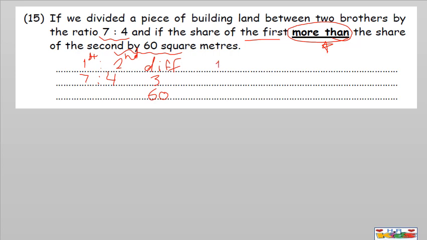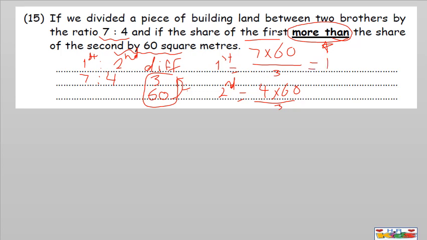Let's get the answer: the first equals what and the second equals what. Don't forget that between these two numbers we divide. Those are the ones we do the multiplication and division with. That's 60 divided by 3 equals 20. Someone could take the 20 and multiply it, so 20 by 7 then 20 by 4. Or we can use the same steps, 7 by 60 divided by 3 and 4 by 60 divided by 3. As we said, 60 divided by 3 is 20.